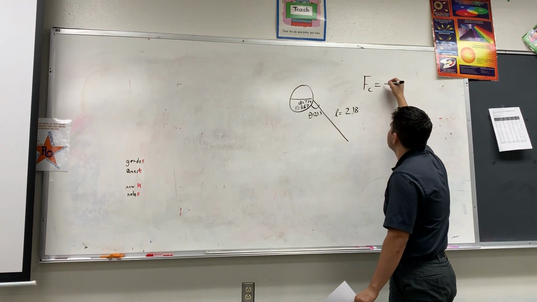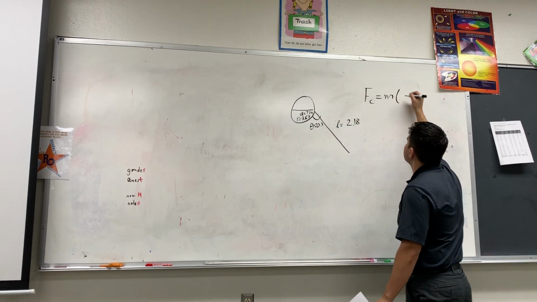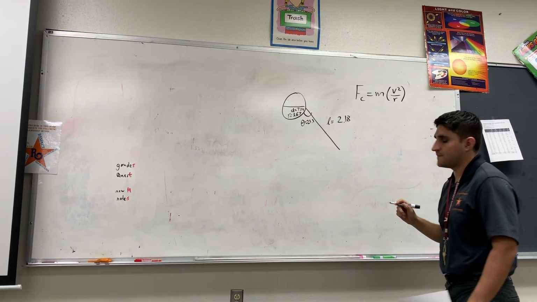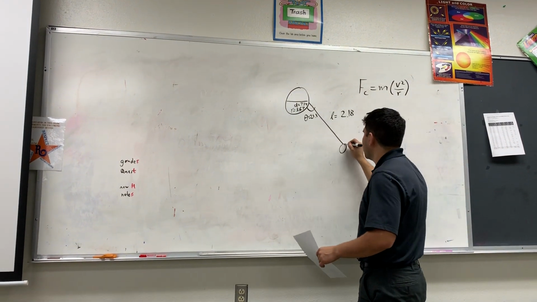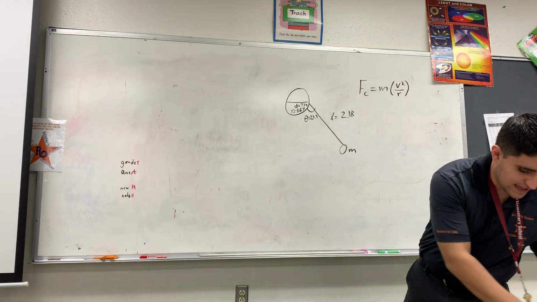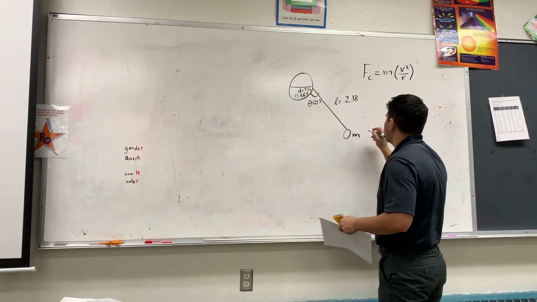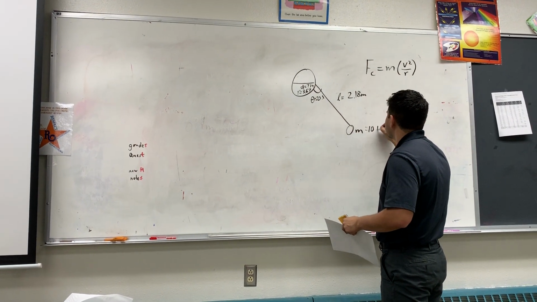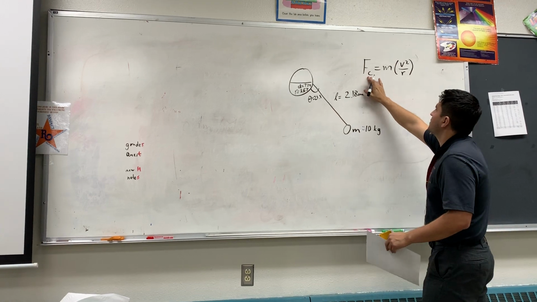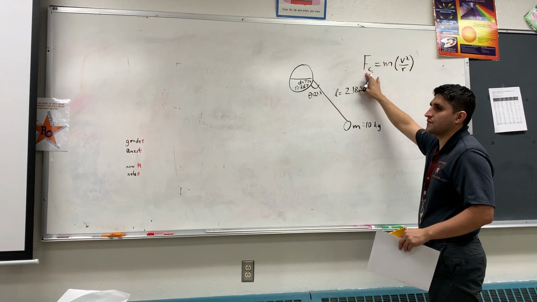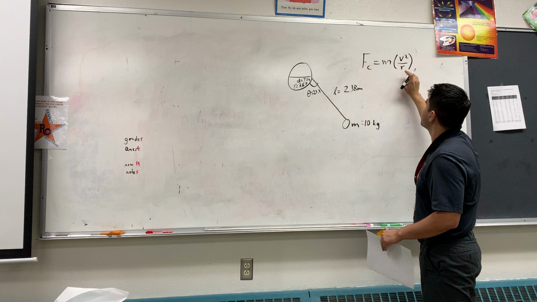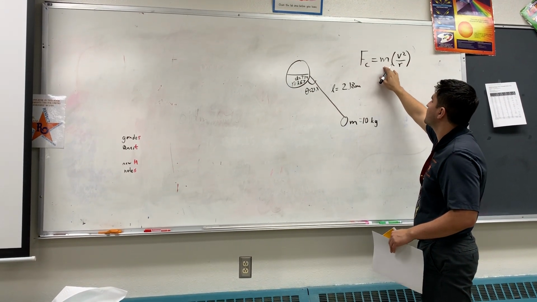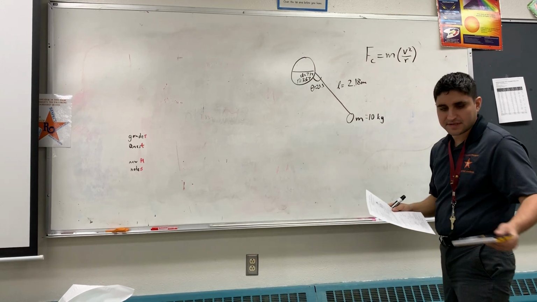Centripetal force is equal to mass times centripetal acceleration, v squared over r. And this thing has a mass of 10 kilograms. So we need to find out what the centripetal force is, because we're going to be able to find the radius, we know the mass.